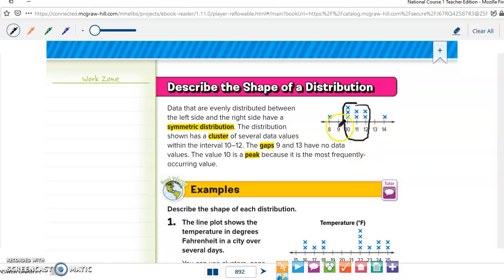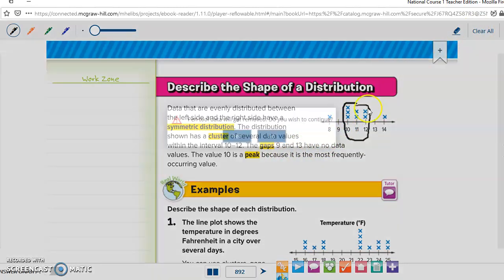The gaps are number 9 and number 13, with no values. What does this mean? It means gap. And what is the peak? The peak is number 10, because it is the most frequent and has a lot of values. Now I will go to another example to understand.